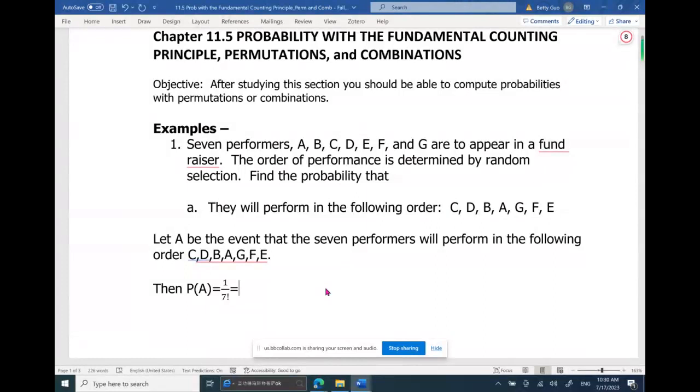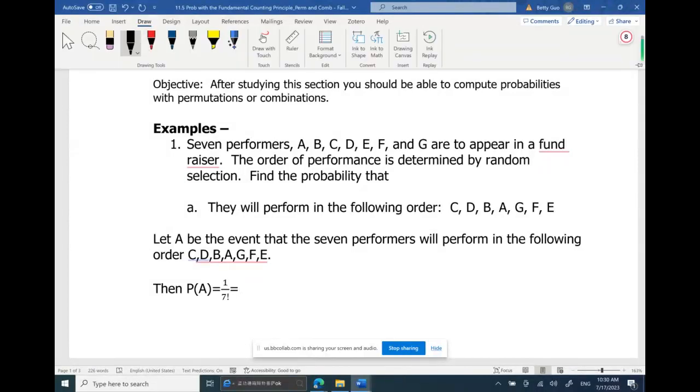I'm going to use 1 divided by 7 factorial. In the previous video, I already showed you how to use the TI-84 calculator to find permutations, factorials, and combinations. The result I got is 1.984126984 E to the power of -4. Let me show you what this means if you ever see something like this on a calculator.